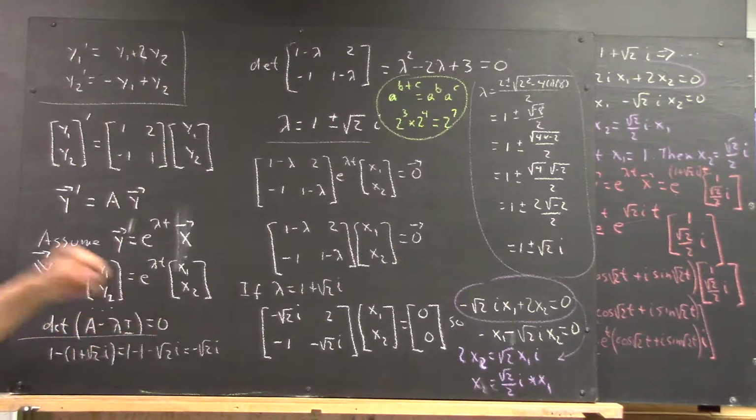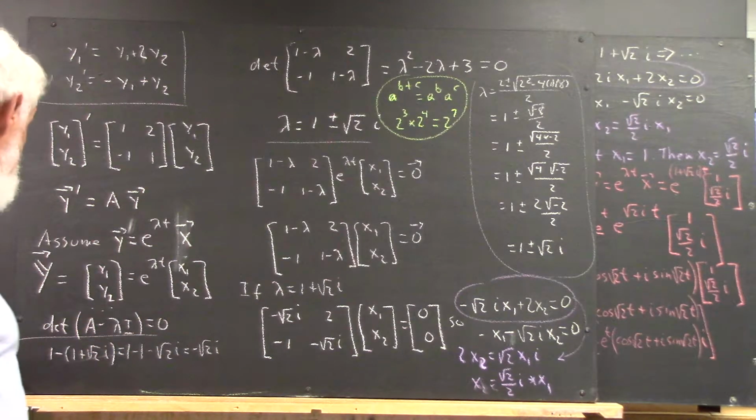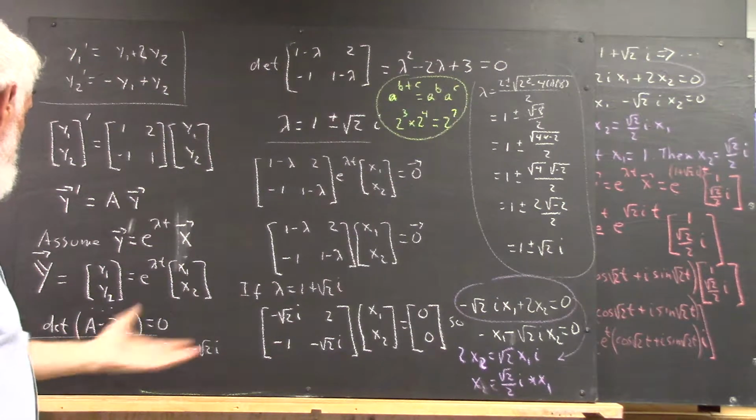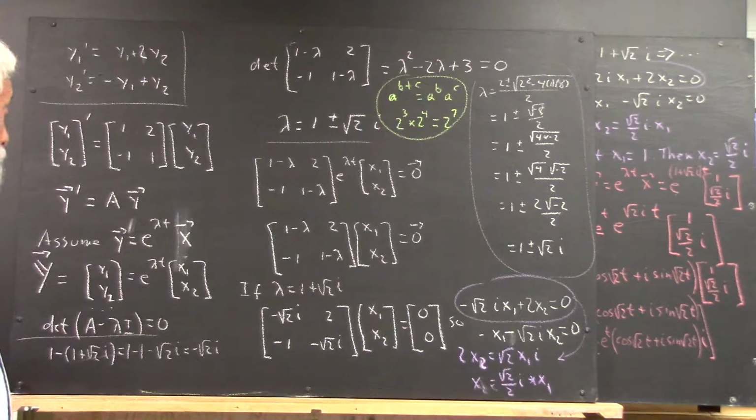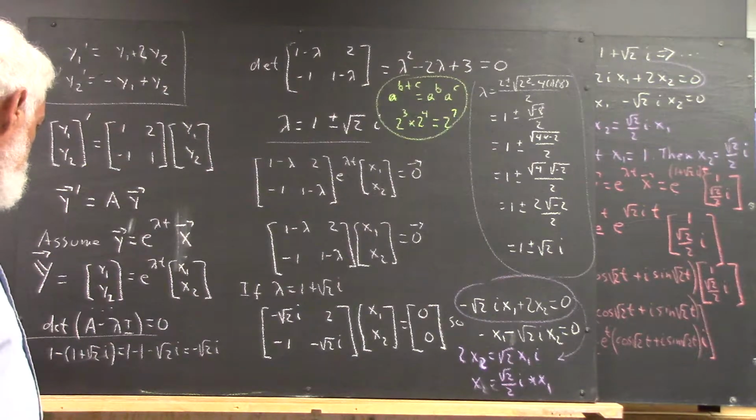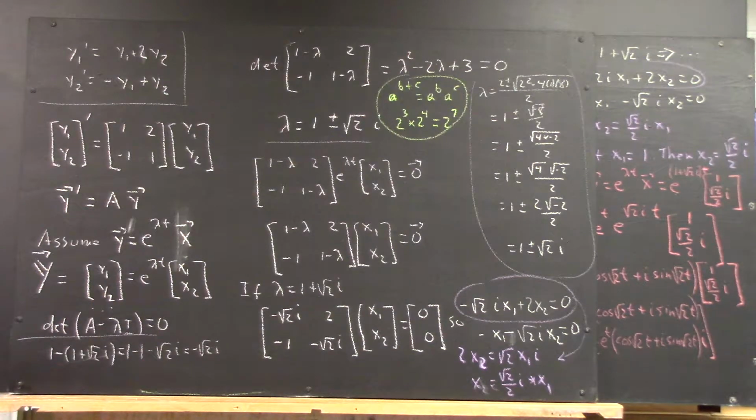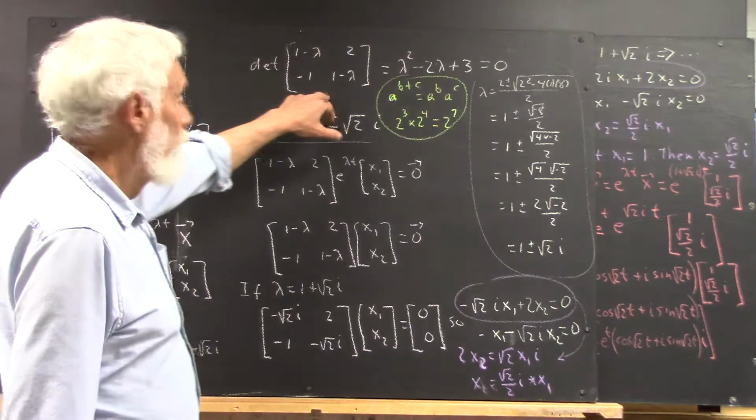Anyhow, you get the determinant of A minus lambda I equals 0, and that's very simple. I've written this here, so we just go up here.